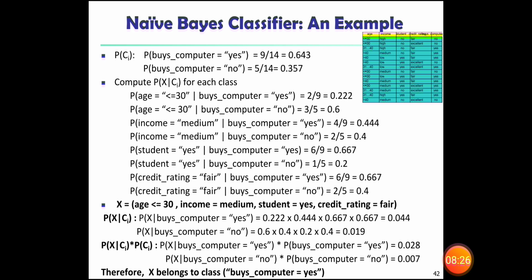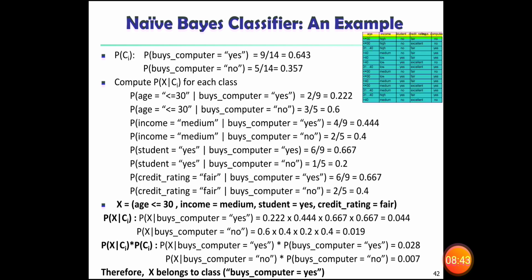Then P of student is yes given buys computer is no, the value will be 1 by 5, which is 0.2.